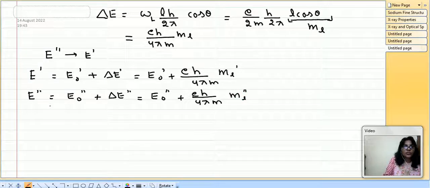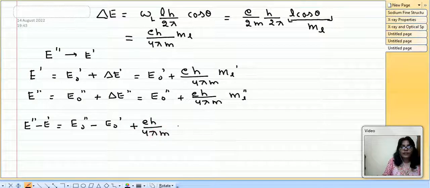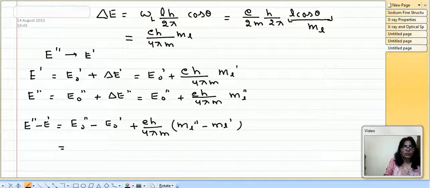So now the transition will be E double dash minus E dash. So this is E naught double dash minus E naught dash plus Eh upon 4 pi m into ml double dash minus ml dash. So this is the changed frequency, h nu dash, and this is the original frequency, h nu naught.